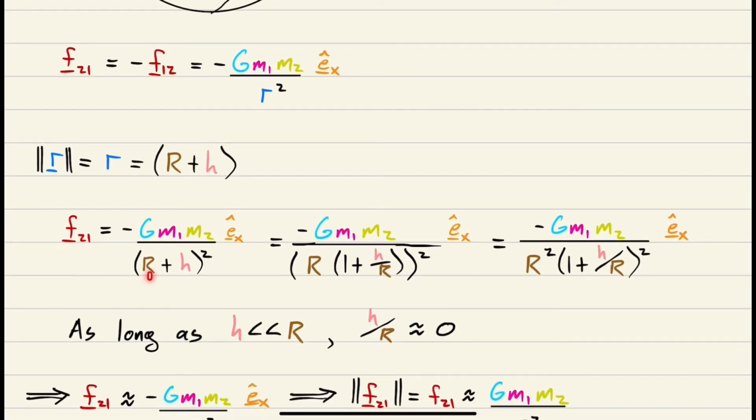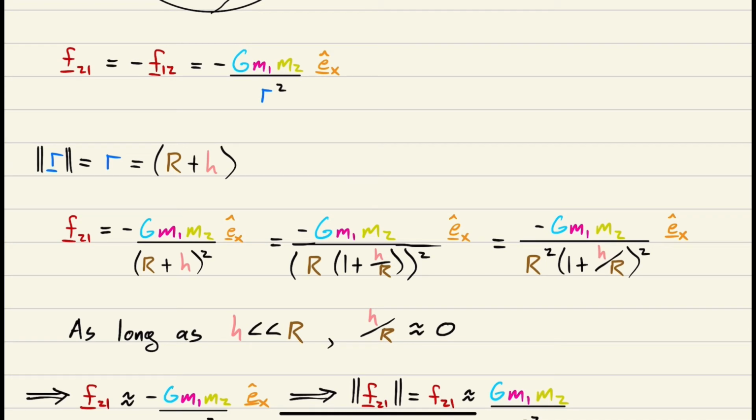And if we take R out of these parentheses, then this now becomes 1 plus h over R, and this whole quantity squared. And then we can distribute the square. So we have R squared times (1 plus h over R) squared. I just took the R out. That's all I did.